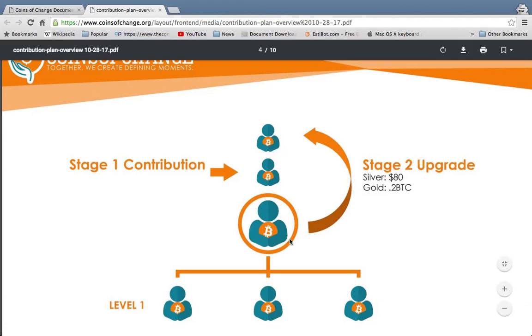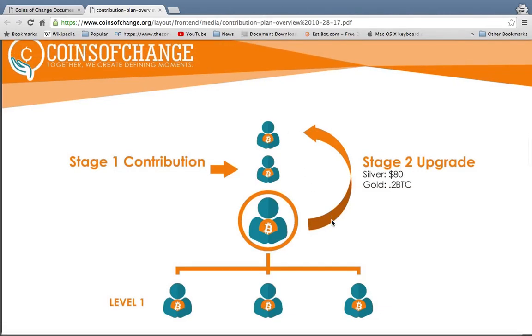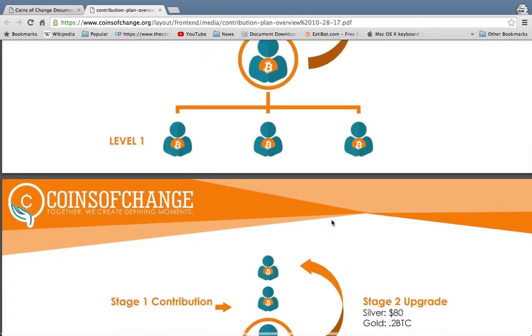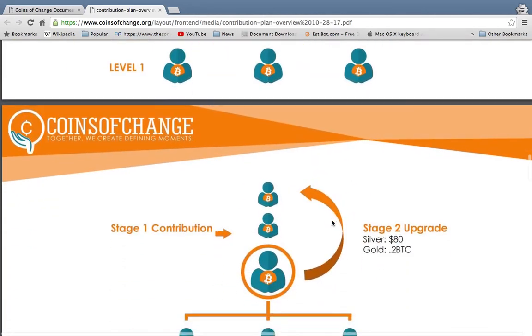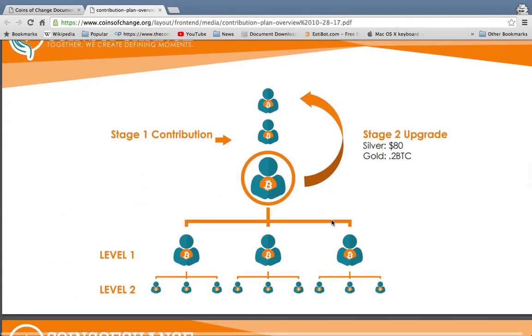Stage 2 goes 2 people ahead of you, not to the person who invited you to the platform, because your stage 1 contribution went to that person. Your stage 2 contribution is going to go to the person 2 people ahead of you. This is how the upgrade contributions work. This is a push it forward system.